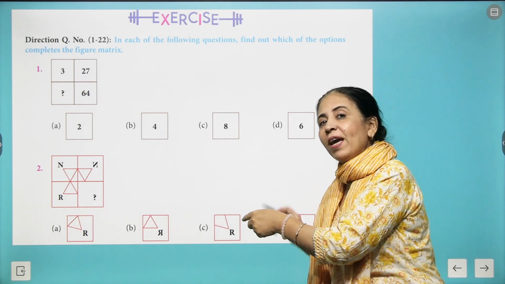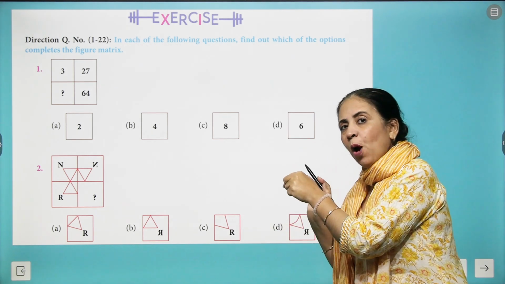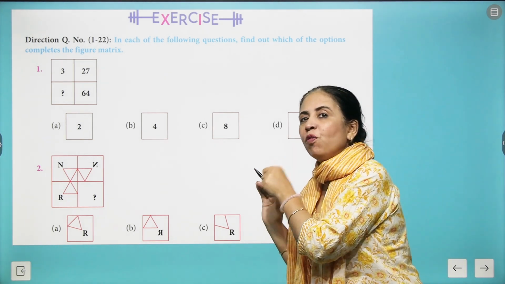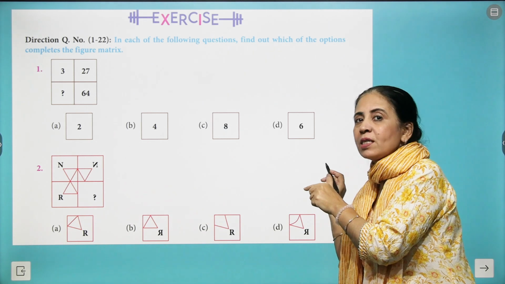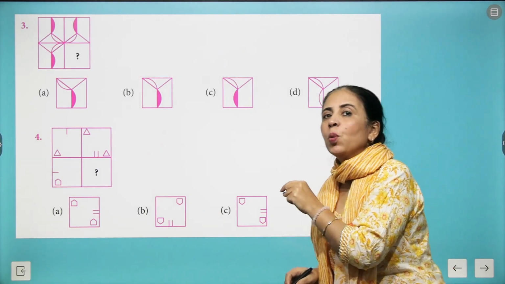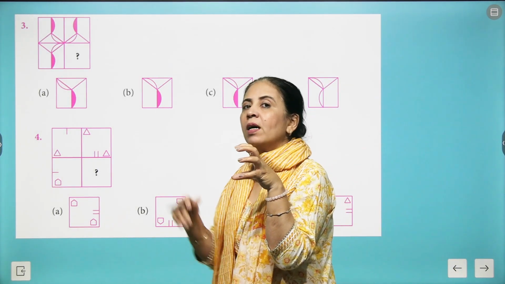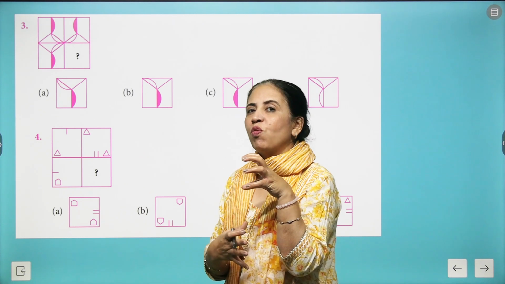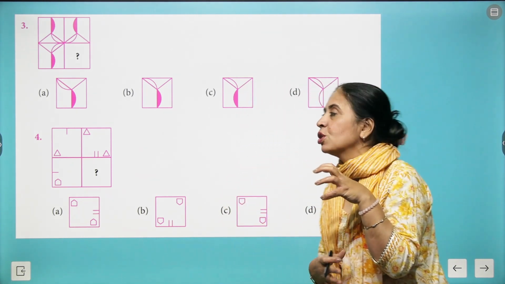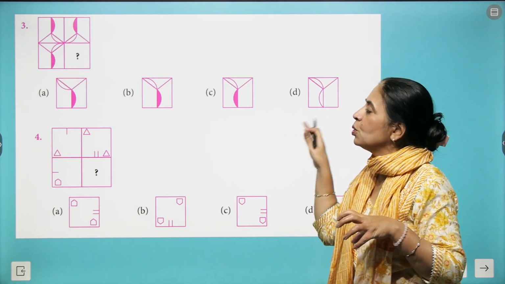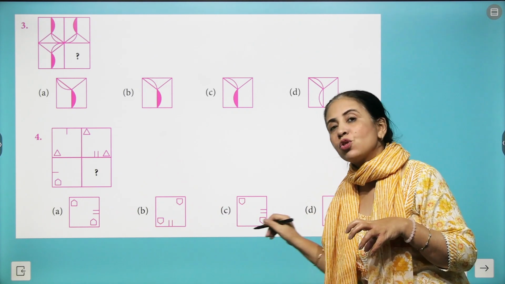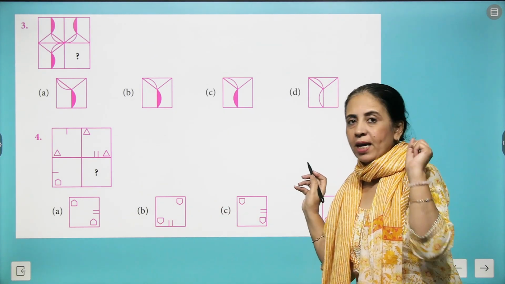Please be very careful. Observe the problem with all focus. It will improve your concentration as well when you focus on the figure and try to find the correct solution. You will be able to analyze which of the given options will take the place.